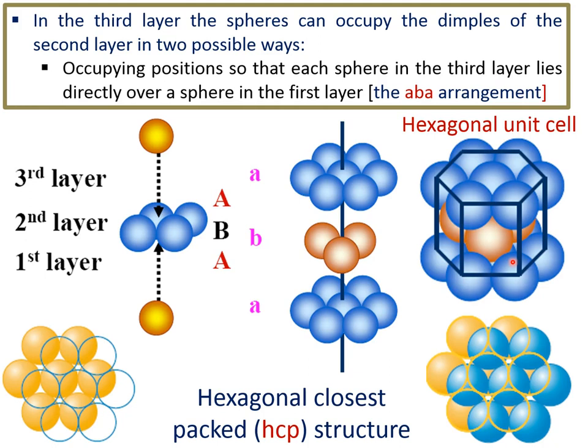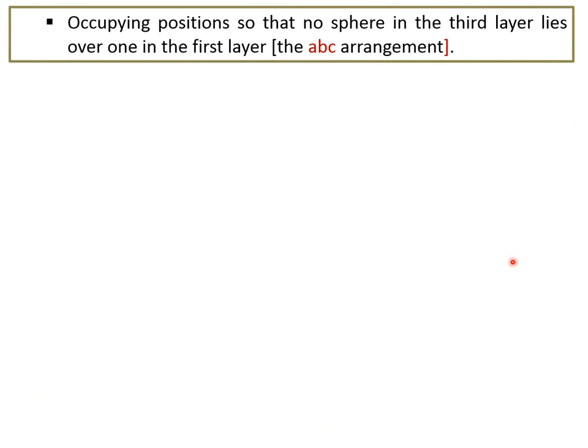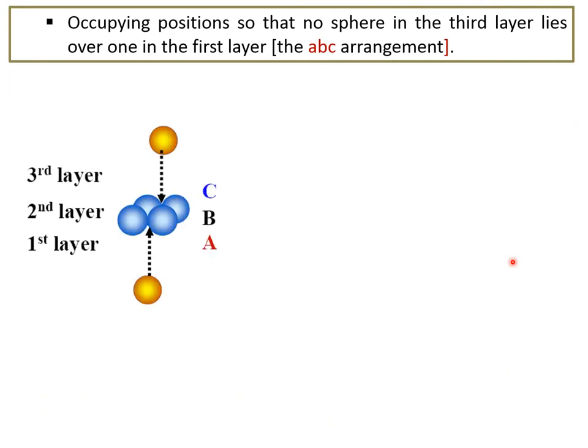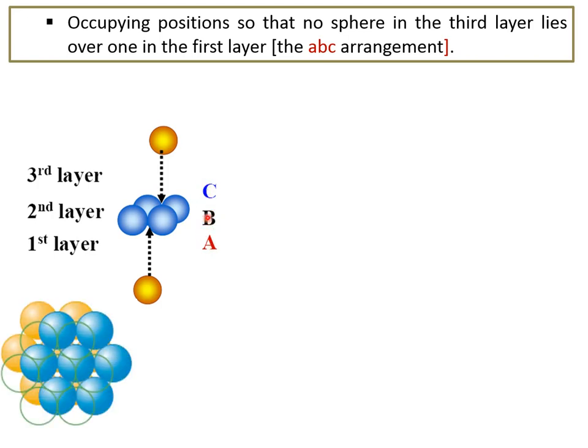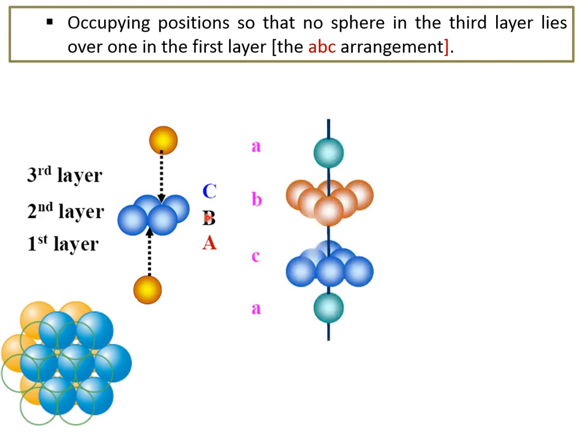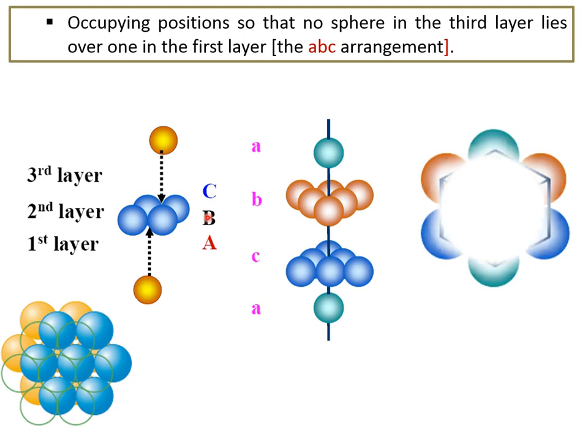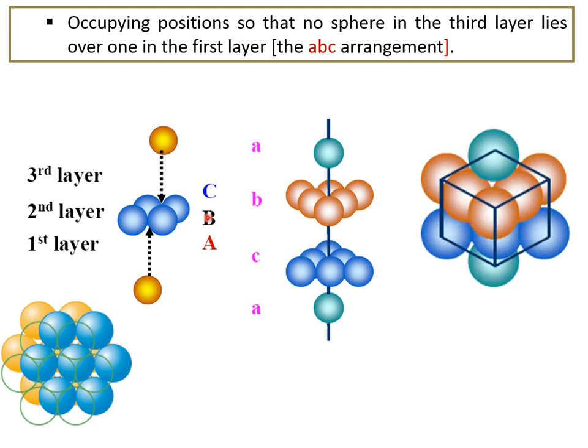This is HCP. The other type of arrangement: if you put the atom in the third layer in another void, in the other voids. Okay, so you switch to the other voids, so you end up with this structure. Okay, so we have 2 different arrangements: ABC, ABC, ABC. Okay, so if you extend this in the 3 dimensions, you will end up with the cubic crystal lattice, cubic close packed CCP, or face-centered cubic FCC unit cell.